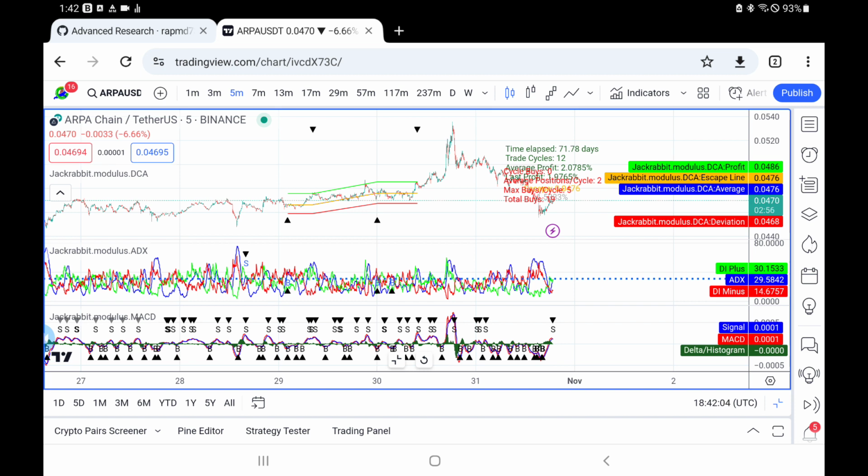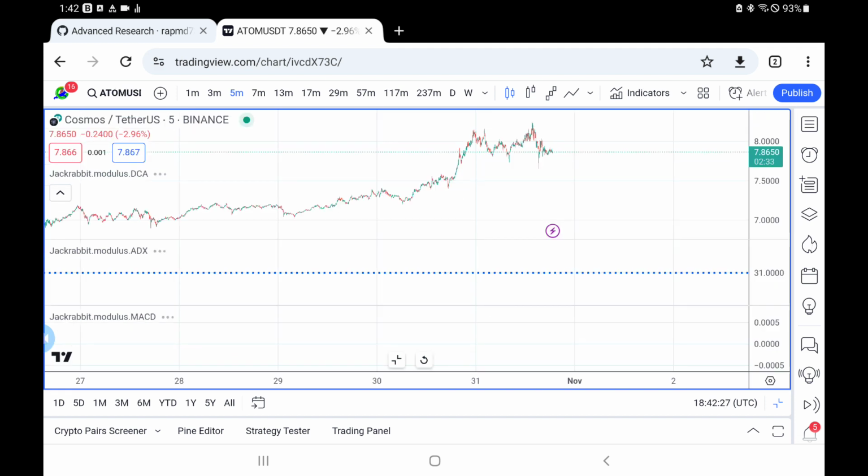Okay, here we have the asset ARPA chain, and it did 12 trade cycles, 2%. So overall, that is pretty good. And if you're using a compounding system, such as 1% for the amount you're trading, this is going to be very nice. Again, manage your risk carefully with hedging.